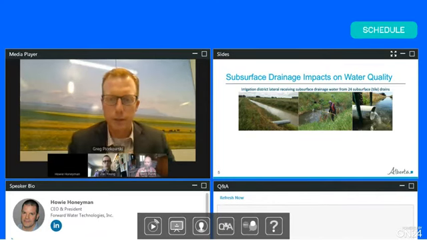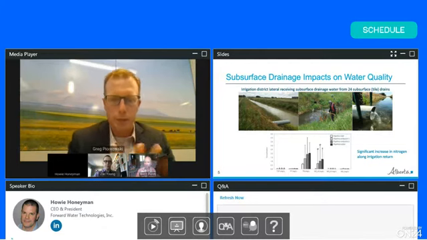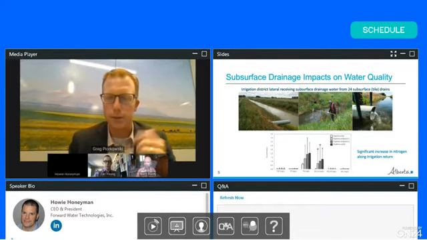We did a short study to look at the impact of that drainage on the water quality in that receiving area. By sampling from the inlet to the outlet point, we did see a noticeable rise in nitrogen, particularly nitrate, because nitrate is a very mobile form of nitrogen, and to some extent a slight rise in dissolved phosphorus as well.